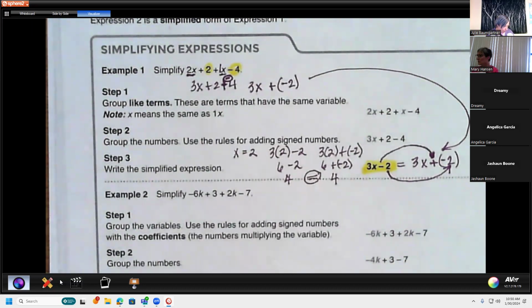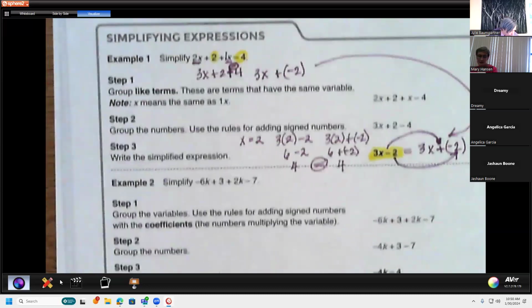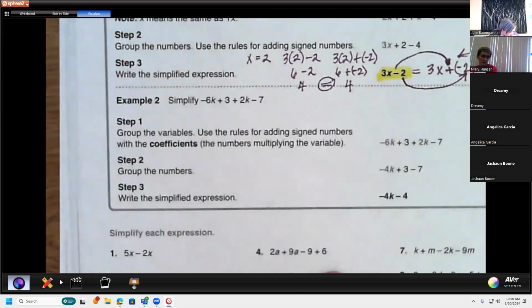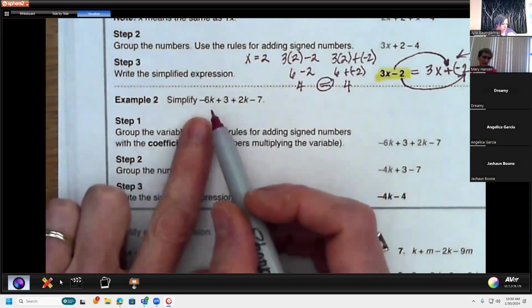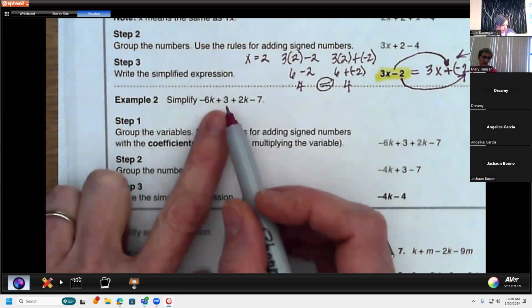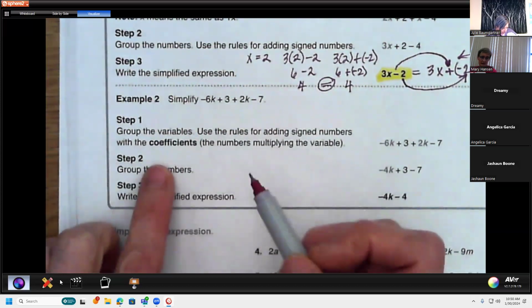Just like in an order, we collect up the things in the order that are the same, so that we can simplify and make our order as easy as possible. Okay. So the second example here, I have negative 6k plus 3 plus 2k minus 7.